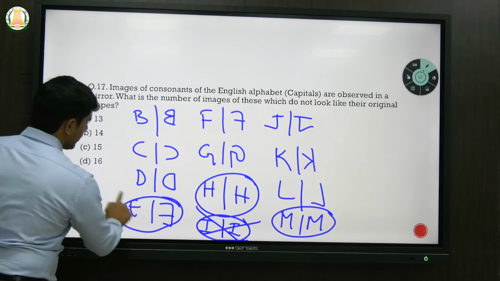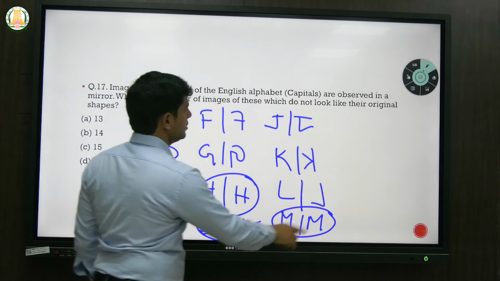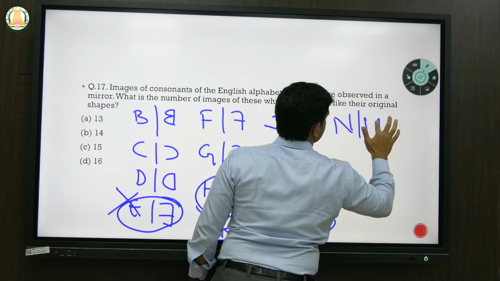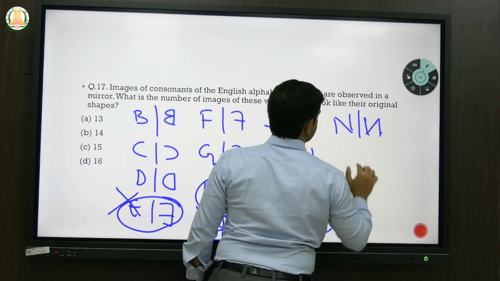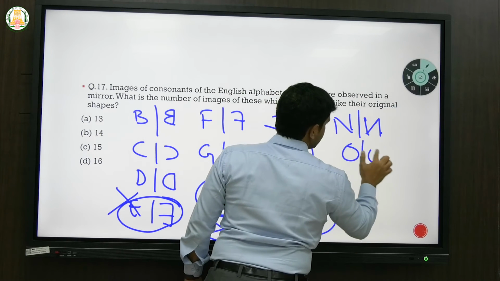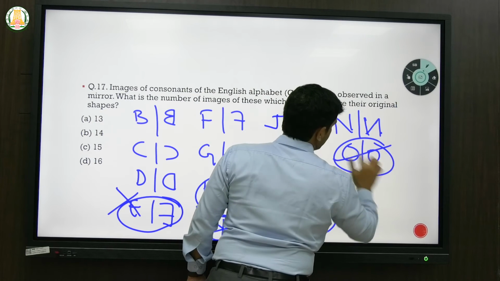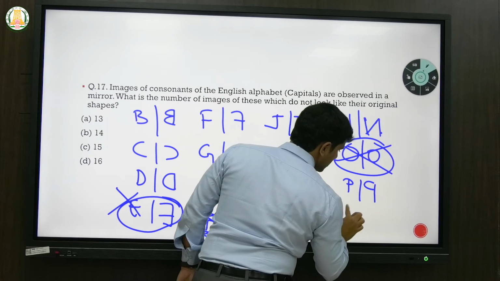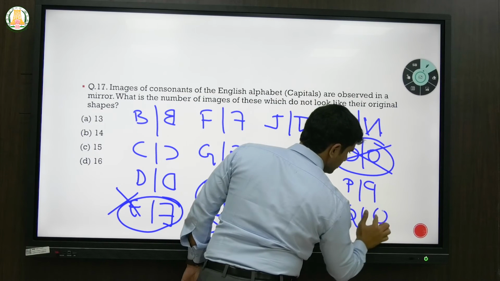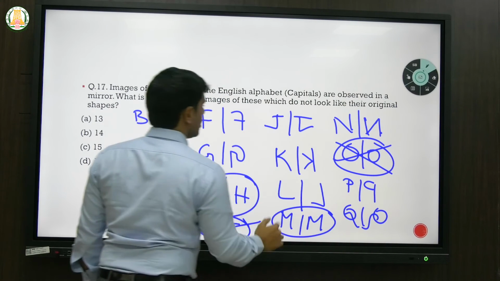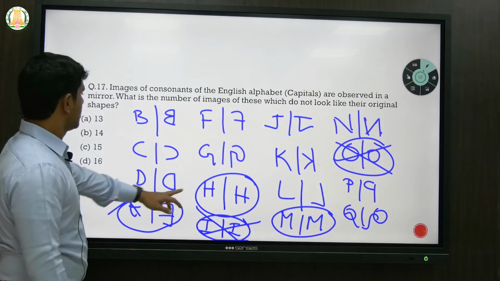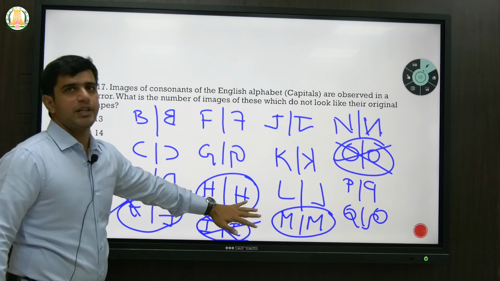Even E you need not take because again it's a vowel. N, like this. Then O is there, but again it's a vowel. P will be like this. Q will be like this. So how many have you got so far? 1, 2. Only 2, H and M.